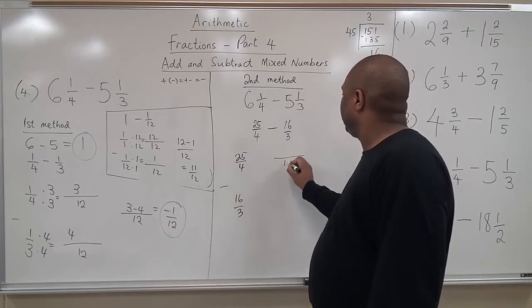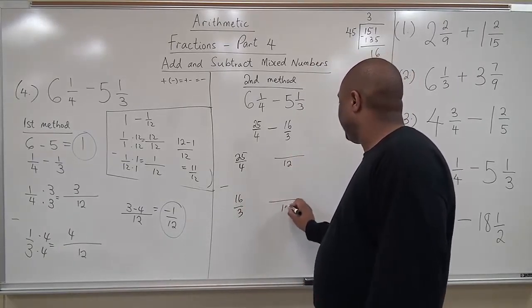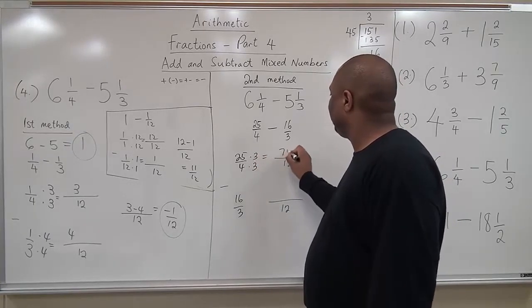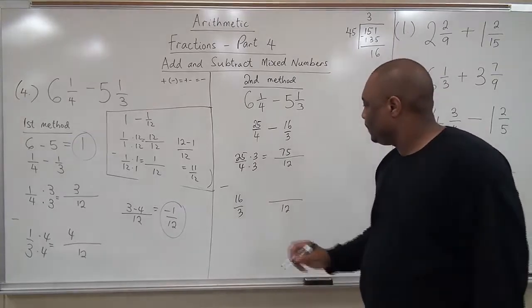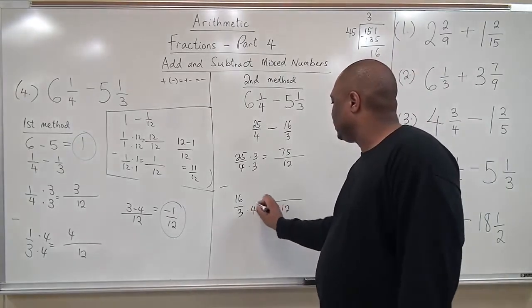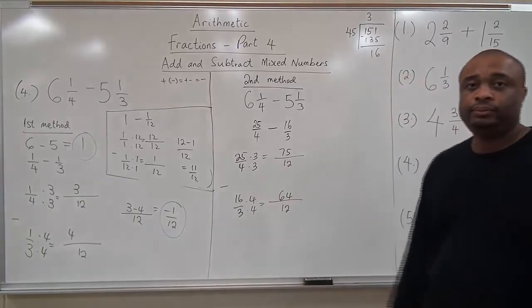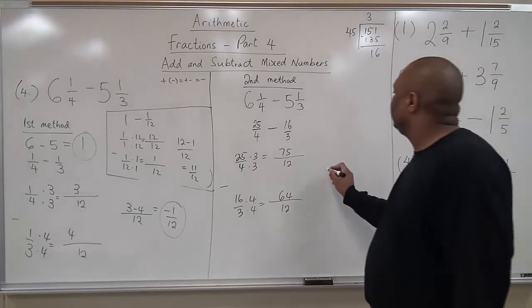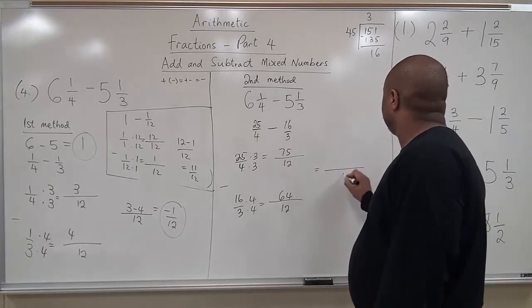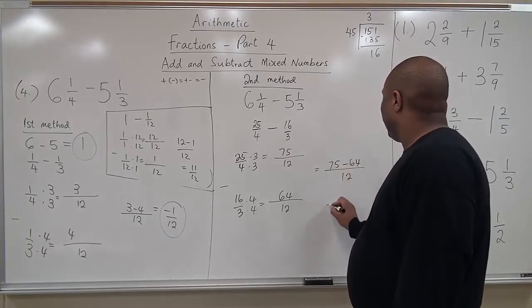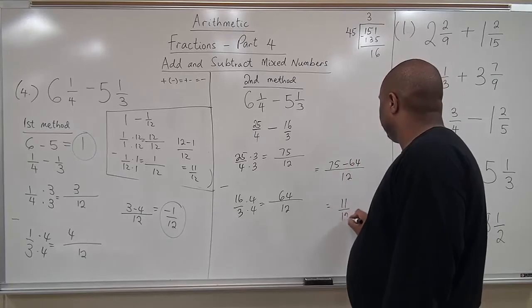Our LCD is 12. This is times 3, times 3, so this is 75 over 12. This is times 4, times 4, so this is 64 over 12. Now all of them are over 12: 75 minus 64 gives us 11 over 12. The same thing.